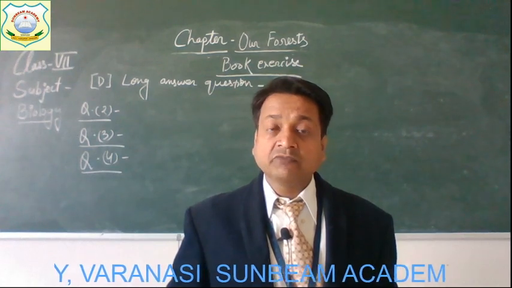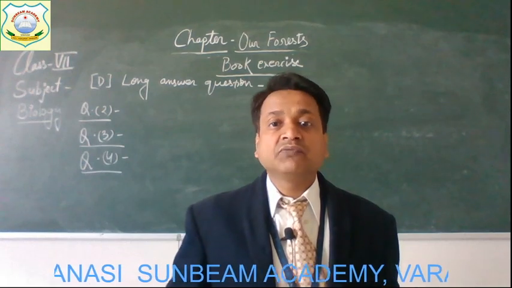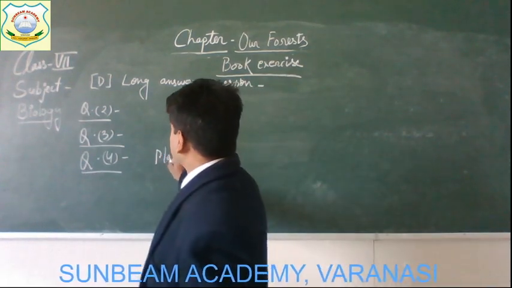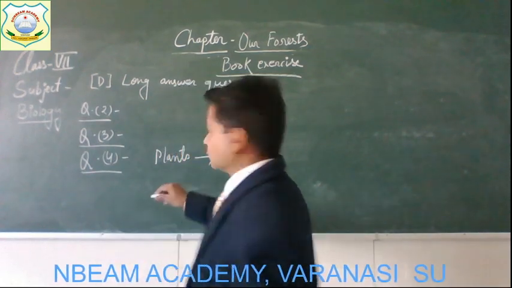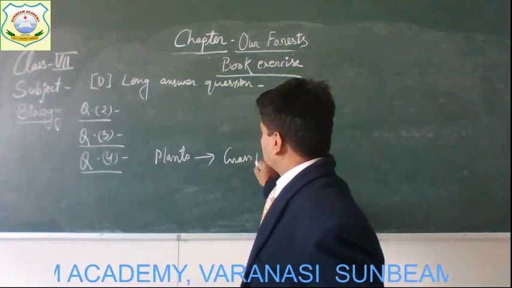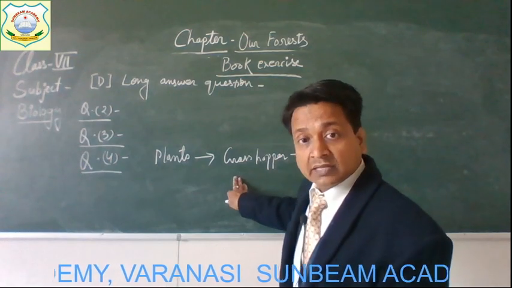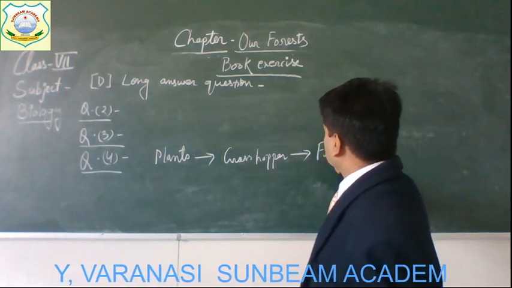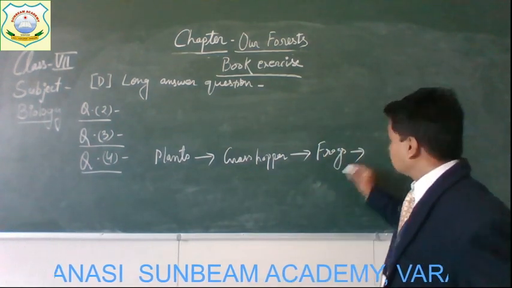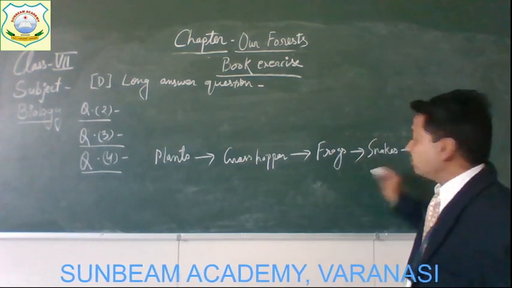And with the help of this law, nature maintains the population of each species of animals in sufficient number. Get it? For example, yes, just take the example of a terrestrial food chain. So you will find there the plants are eaten by grasshoppers, the grasshoppers are eaten by frogs, and they are eaten by, yes, snakes, and again the snakes are eaten by eagles.